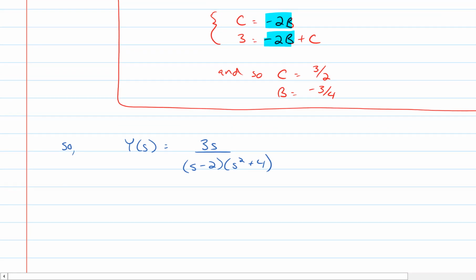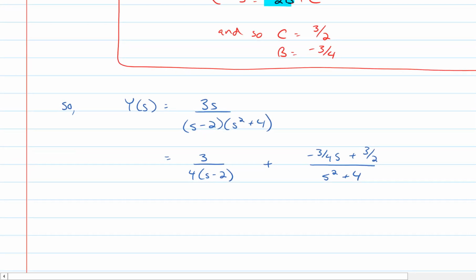Plugging in our values for a, b, and c that we've just found, we get 3 over 4s minus 2 plus a negative 3/4 s plus 3/2 all over s squared plus 4. And what we want to do is write the right-hand side in the exact form that you'd find on your Laplace transforms sheet, so that we can take the inverse Laplace transform of both sides.